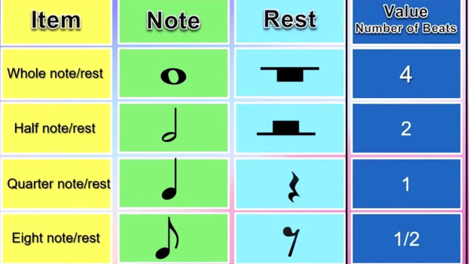And I want you to take one more look, and we're going to do a practice quiz. You will have a timer going, and you're going to have to answer the questions within that time. Okay, so this one's just a practice, but I want you to be able to do it just by memorizing the values or the numbers of beats that each note and rest is worth. Okay? Good luck.